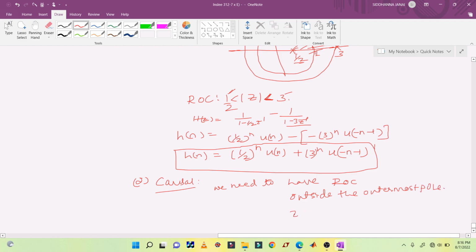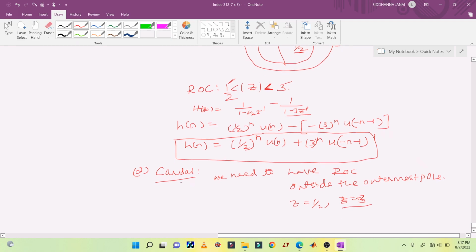So what are the poles we have? Z is equal to 1 by 2 and Z is equal to 3. So outside the outermost pole means outside this 3. That is, ROC is simply greater than 3. ROC is greater than 3 means obviously ROC is greater than 1 by 2 also.